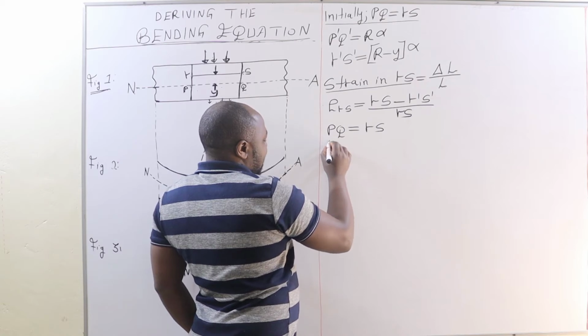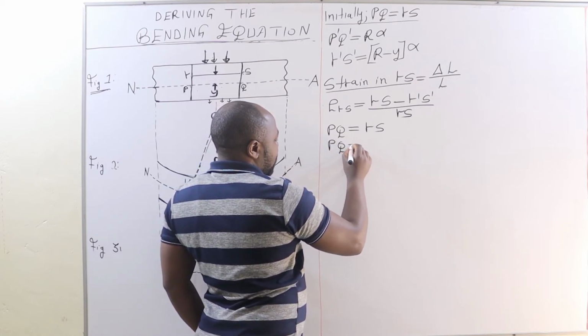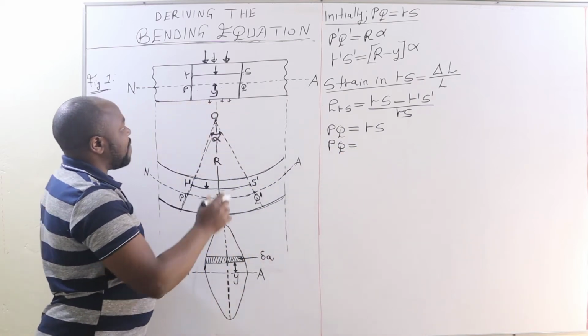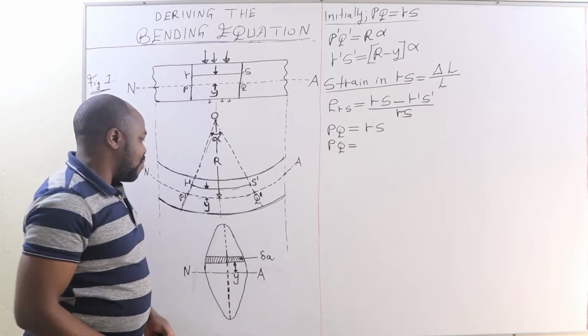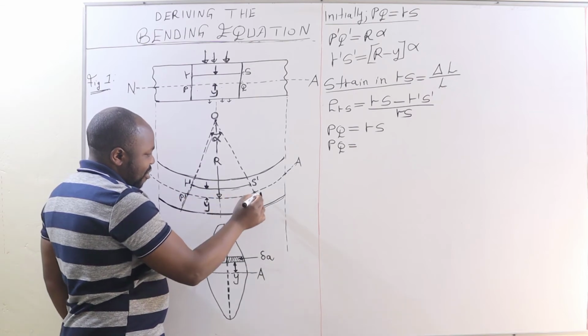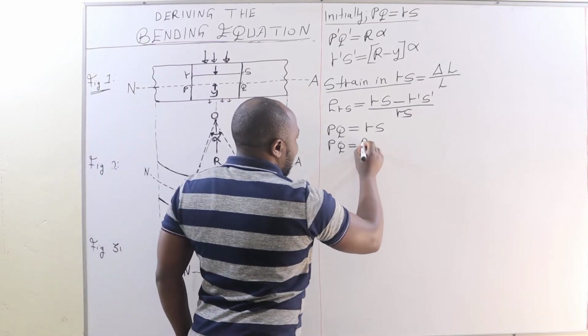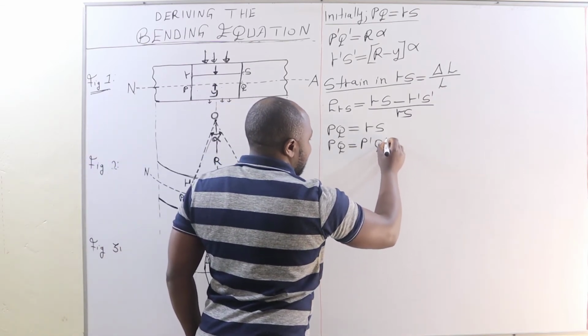Likewise, the layer PQ before the beam bends will also be equal to the layer P prime Q prime after the beam has bent.